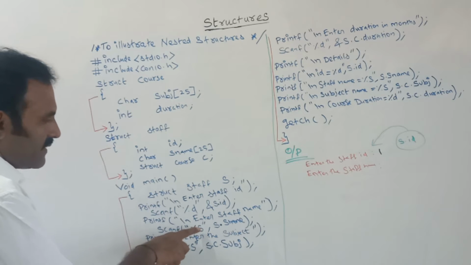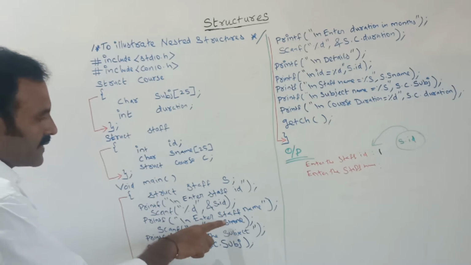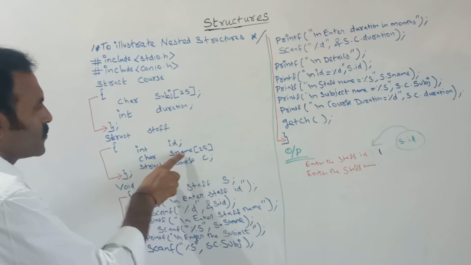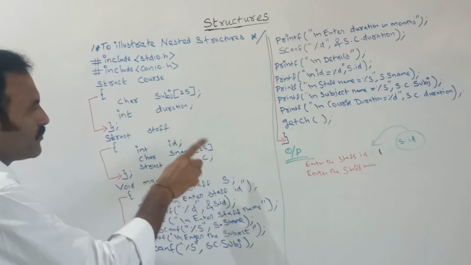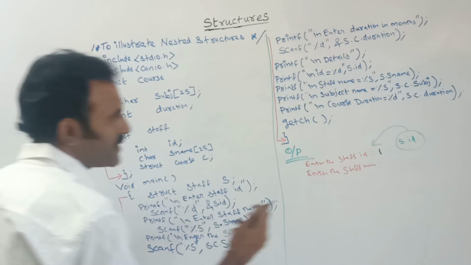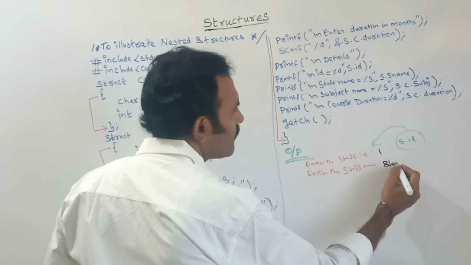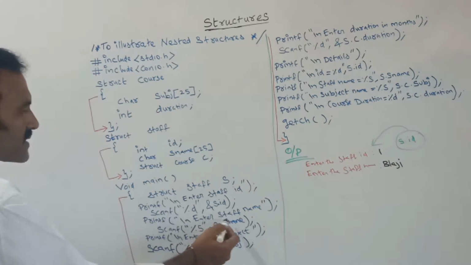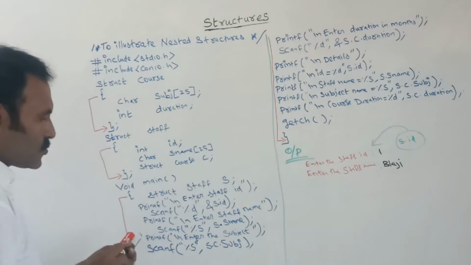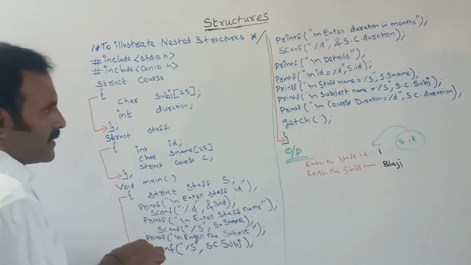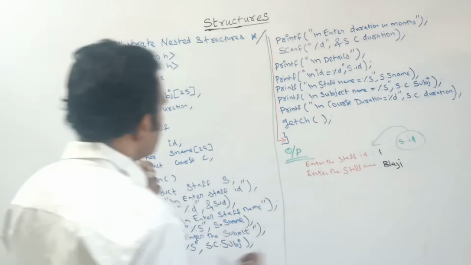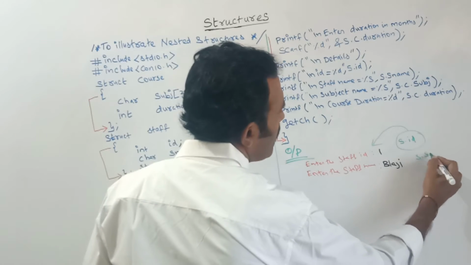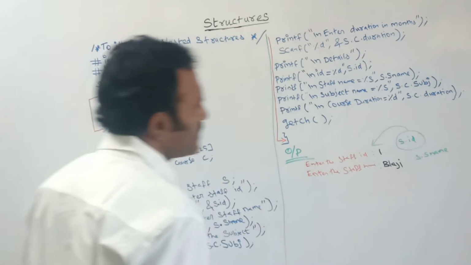The data given here will be stored where? In S dot S name. That is, to this variable the given input will be stored. Suppose you give Balaji, then this string Balaji will be stored to S dot S name.